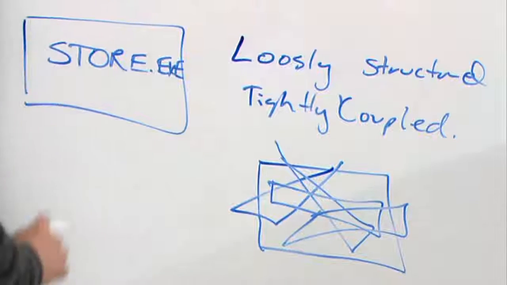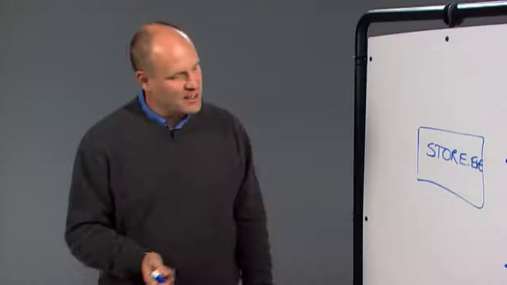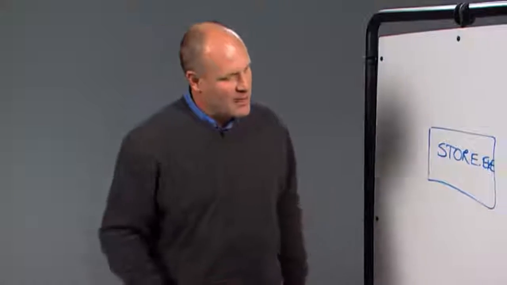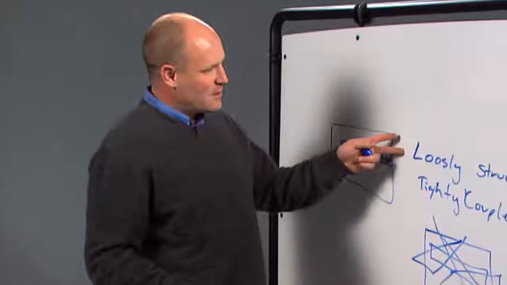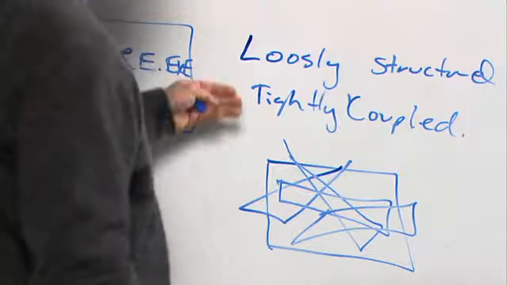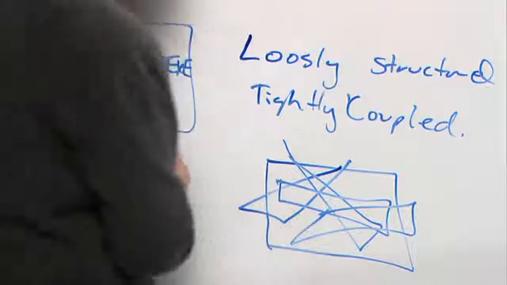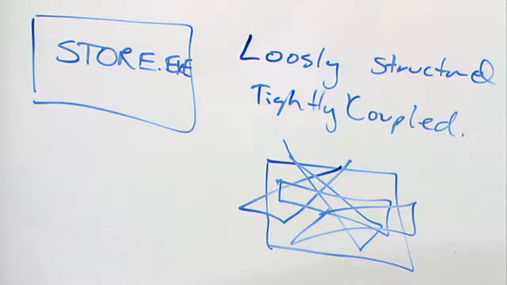Each one of these layers was labeled and was a different protocol or piece of business logic that was entwined throughout the process. Loosely structured means there weren't clean layers with good interfaces between them. Tightly coupled meant that if you change something here, it would have profound effects over here and unexpected behaviors.